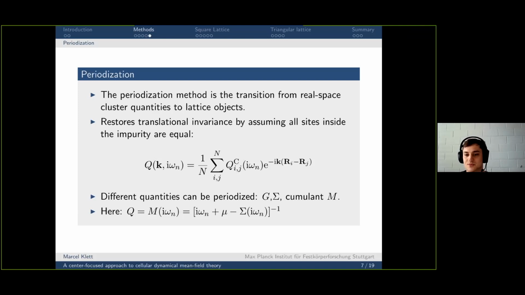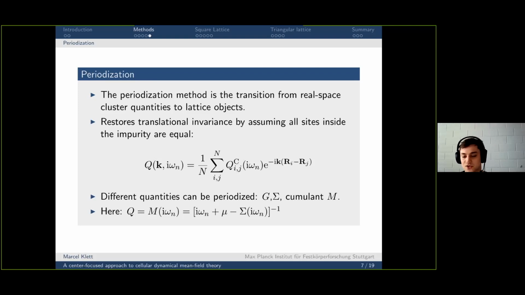This is sometimes needed, for example, if we want to compare our CDMFT results with experiments like ARPES. Let me say that we have in this periodization one arbitrary choice, and this is which kind of quantity we use for the periodization. I will not go into details, but if I show results now, the periodization is always produced using the so-called cumulant periodization, which is shown on the bottom of the slide.